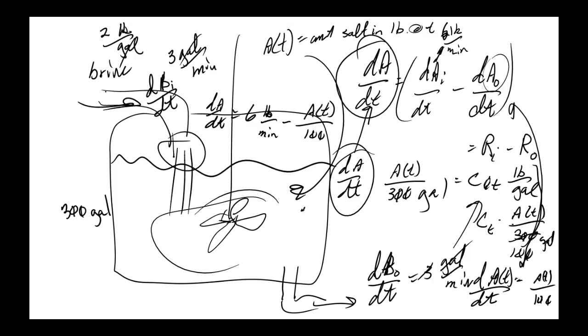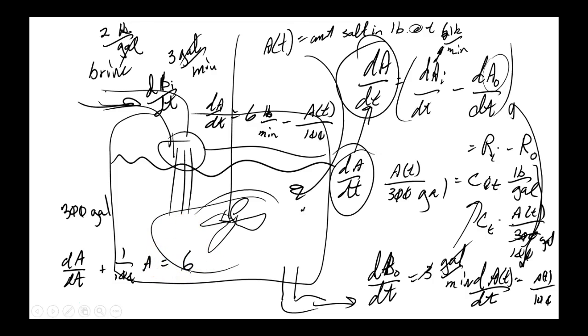Now, there's one other thing I'm missing here. Yeah, no, we got it. So let's rearrange this equation slightly. dA/dt plus 1 over 100 times A is equal to 6.